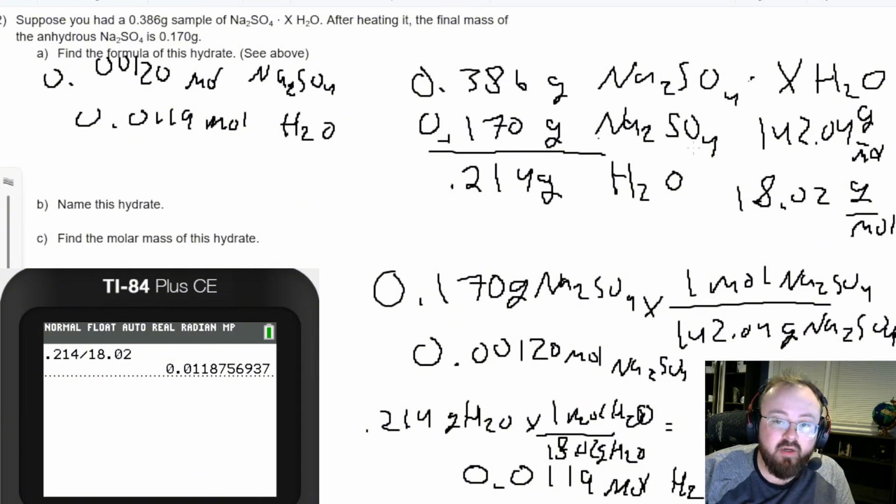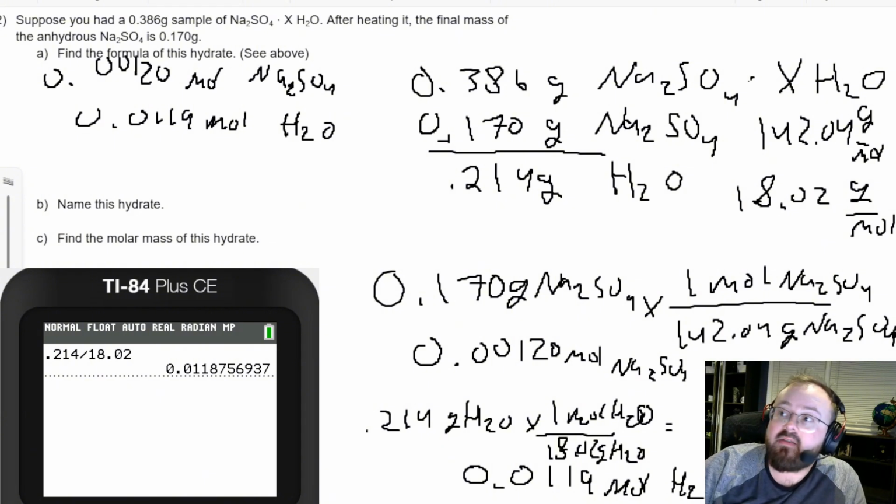And if we just wanted to divide this, okay, how do I figure out what I'm dividing? Think about it like this. You're always going to have more water than whatever you're starting with. A trihydrate, a pentahydrate, a hexahydrate, right? What does that mean? We should always divide by our smaller number so we get whole numbers.